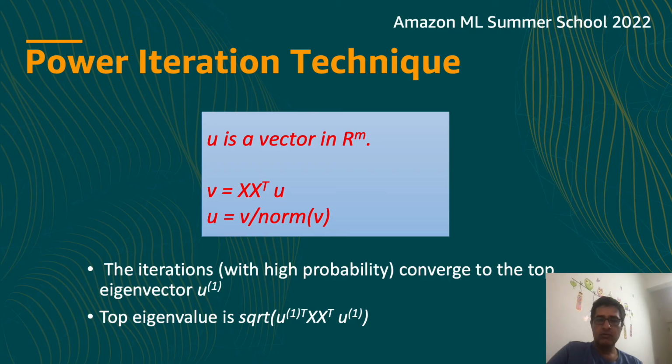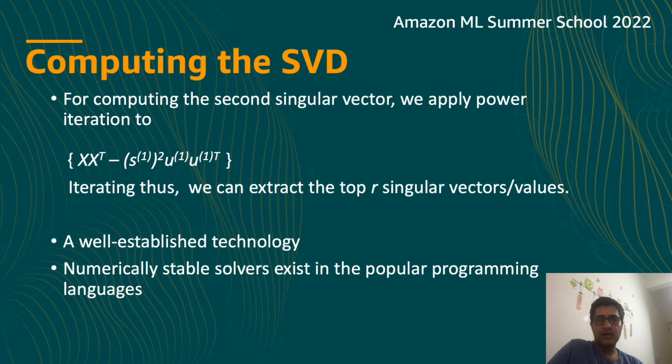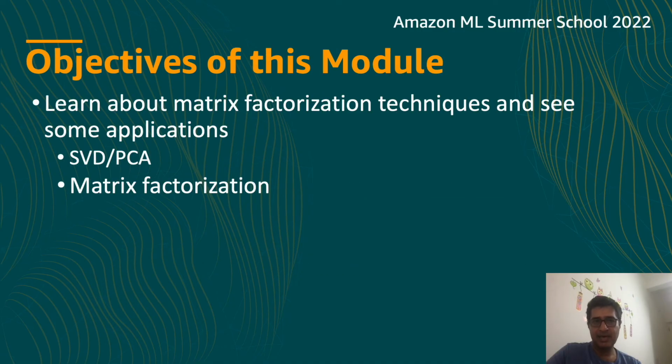The eigenvalue turns out to be the square root of u transpose X transpose u. Once you have figured this out, you use a numerical technique to get to this particular value. Then you compute the next version by realizing that the next eigenvector is perpendicular to this computation.